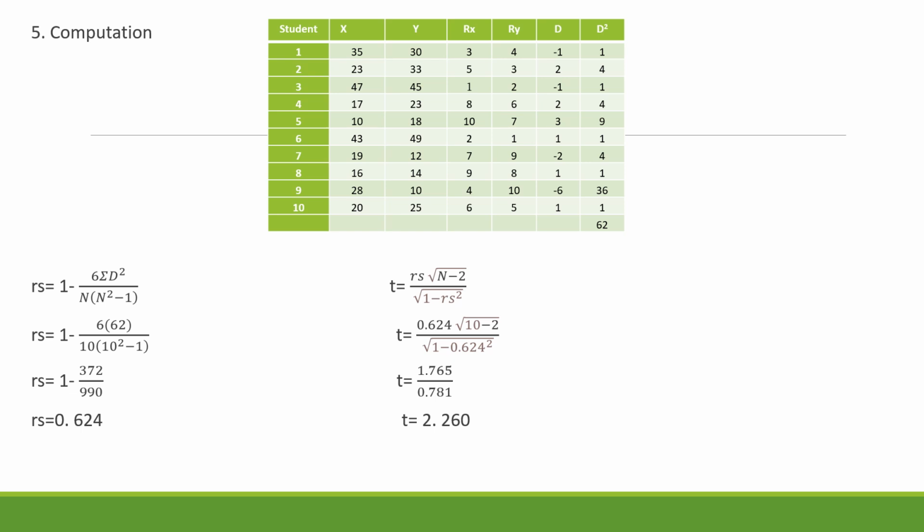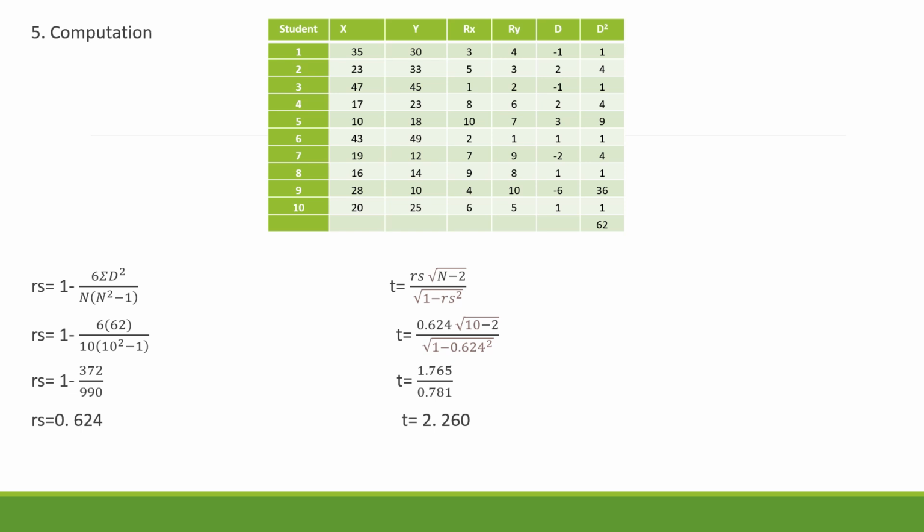Now let's calculate. By using this formula, we can get our Rs. Rs is equal to 1 minus 6 times the summation of d squared over n times n squared minus 1. So we have 1 minus 6, then input the value of the summation of d squared, which is 62.